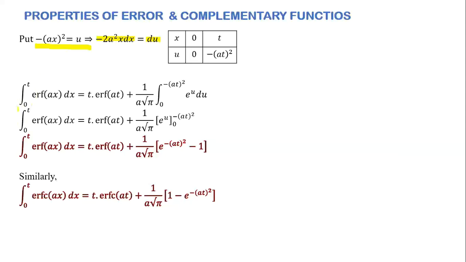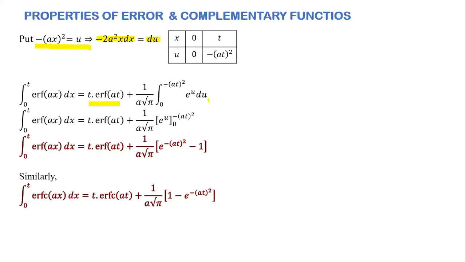On the left-hand side, you will have the integration of 0 to t error function of ax dx, equal to the first term as it is, t error function of at, plus this simplification, which is 1 upon a root pi, integration with new limits from 0 to minus at square of e raised to u du.